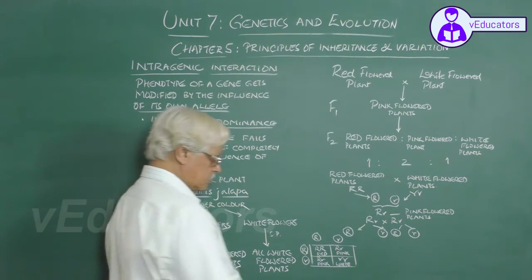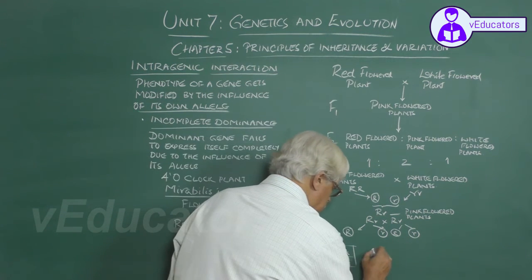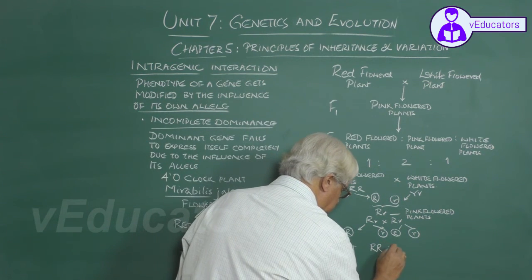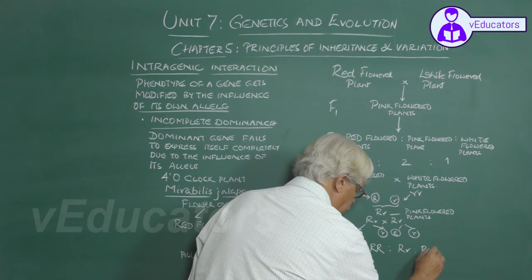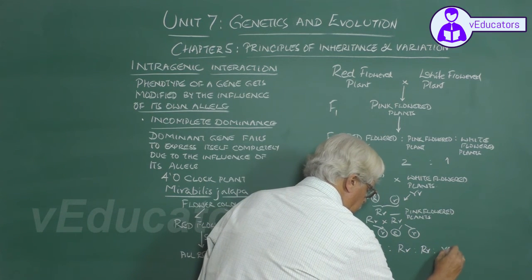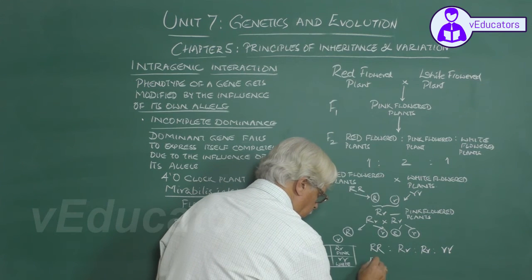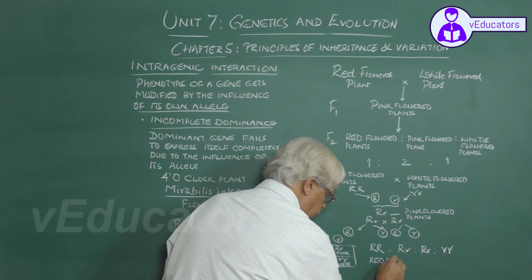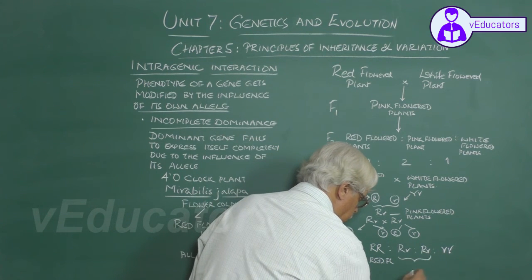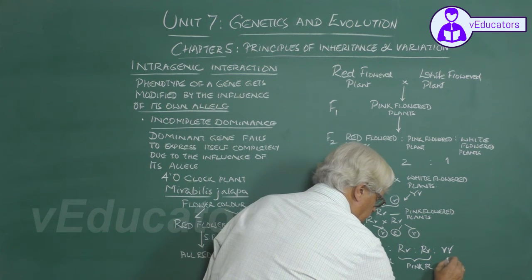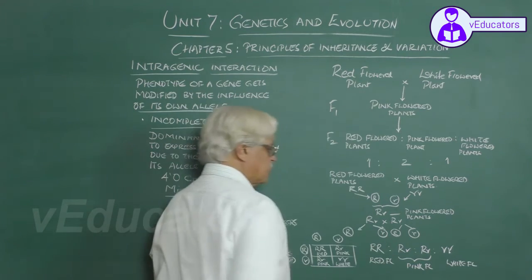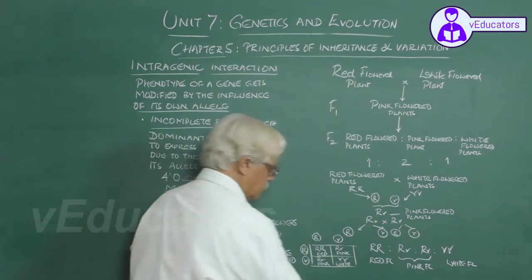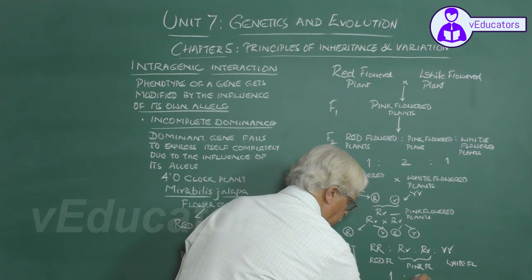So there were 3 different types of plants. Red flowered plants, pink flowered plants, and white flowered plants.